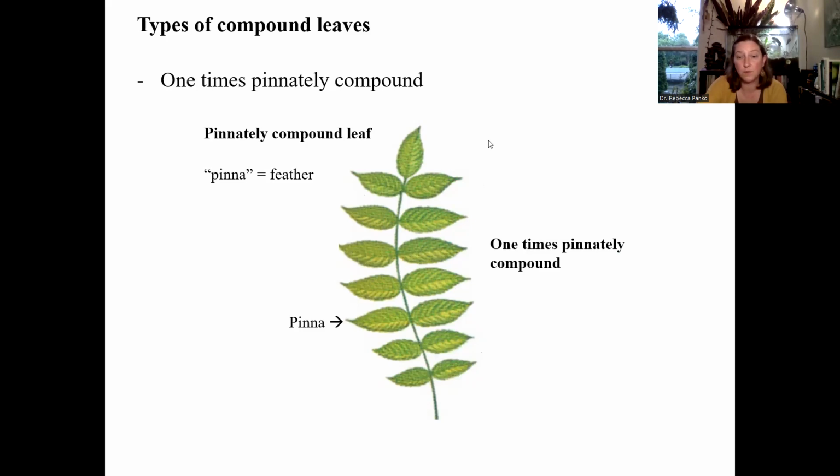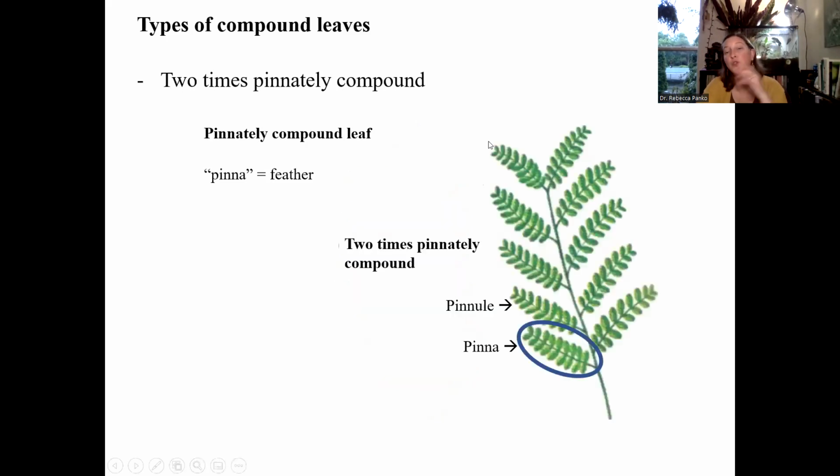Whereas on this one, we call this 2 times pinnately compound because there's 2 levels of division. So look, the first one is circled for you here, but I'll do it on another one. So here's the first division. And then on that one, there's many other little divisions, right?